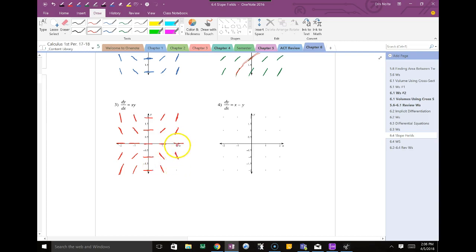And last point, 2 times negative 2 is negative 4. So that's kind of an interesting slope field. If we follow that current, it's going to get closer, and so maybe this one might look like this, parabolic. Kind of depends where it is.